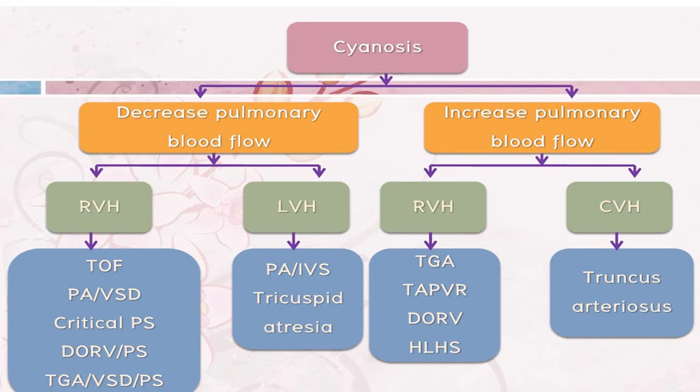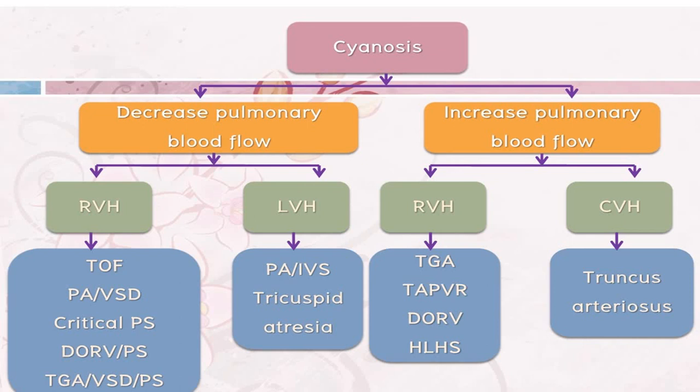While in interventricular septal defects, tricuspid atresia, pulmonary atresia, means pulmonary atresia with interventricular septal defect will produce more of LVH.